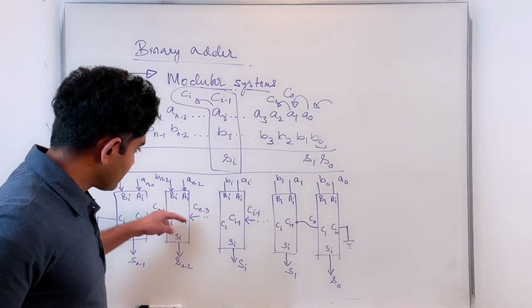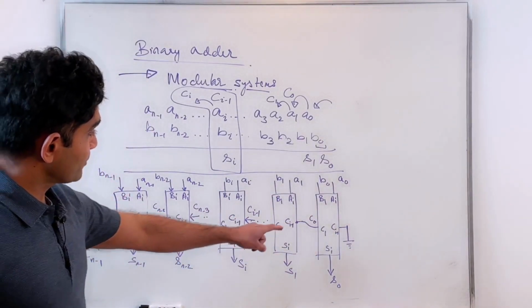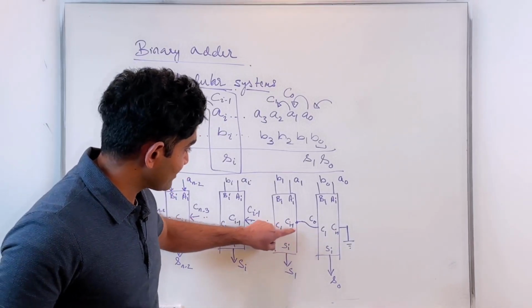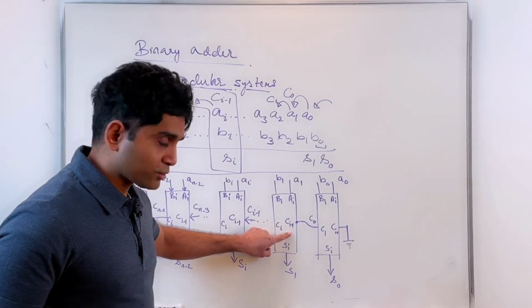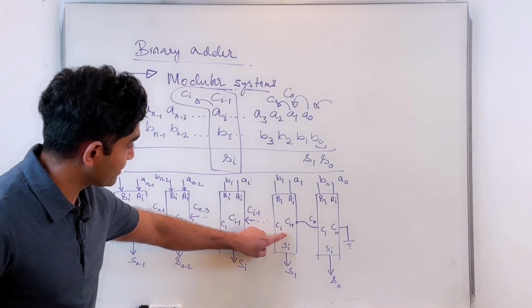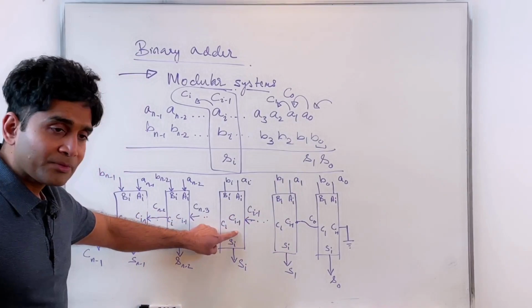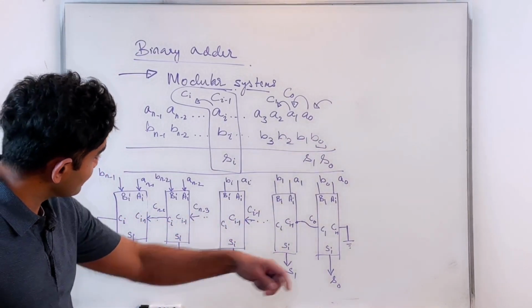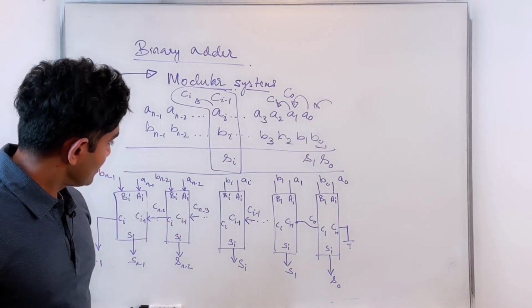These are all the individual adders. The carry out of an adder goes as a carry in to the next bit position. For every bit position, the carry out of the previous bit goes in as a carry in to the next bit. So that's how my carry propagates through this adder, and I get the sum.